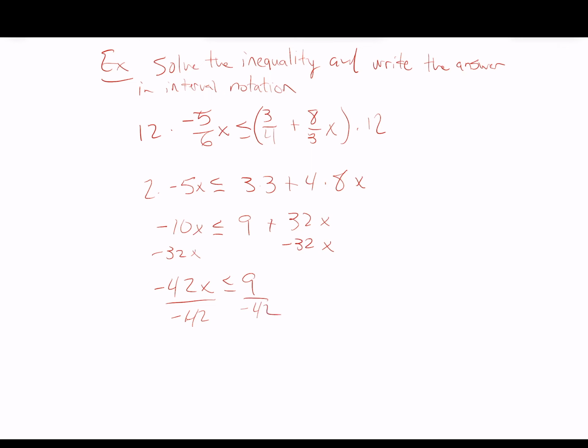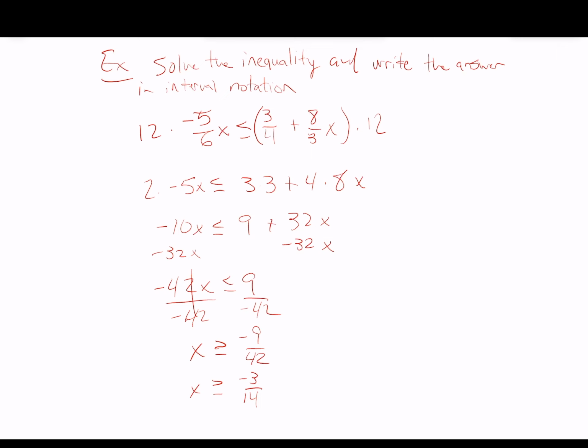So we have to change the sign. So x is greater than or equal to negative 9 over 42. Can we simplify that any? Well, both are divisible by 3, so x is greater than or equal to negative 3 over, what's 42 divided by 3? 14.